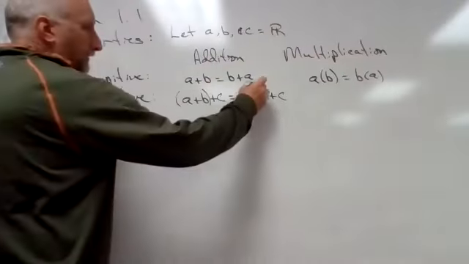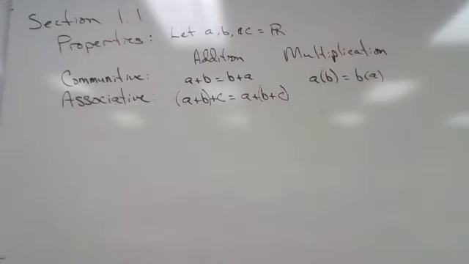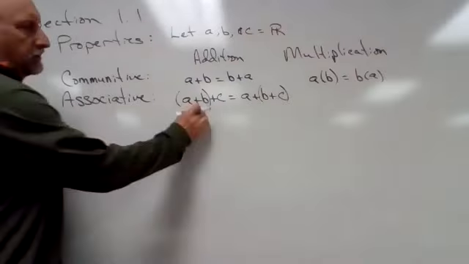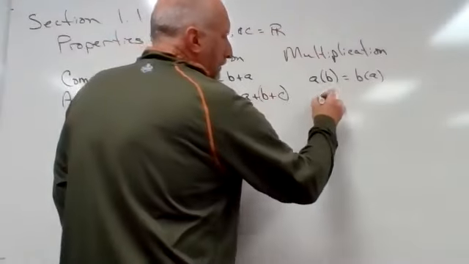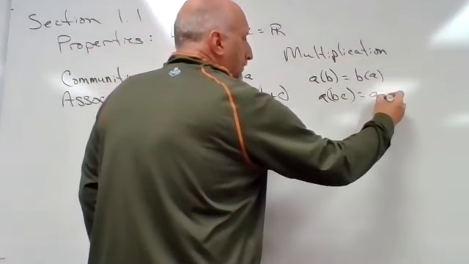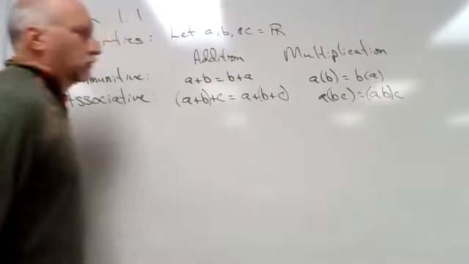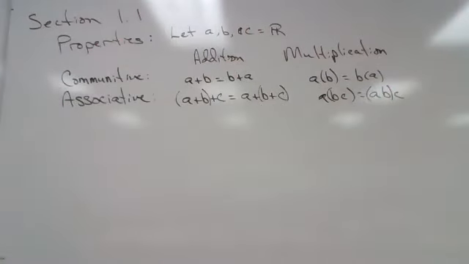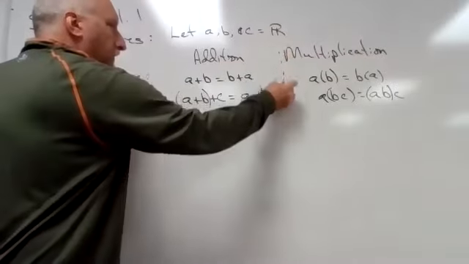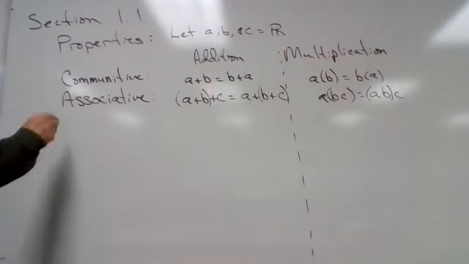Does it matter? Because maybe I want to add the second two together first. Will I get the same answer? The answer is yes. It doesn't matter how you group them together. And of course, with multiplying, it's the same principle. It does not matter what group of numbers you multiply together first. Okay, that's called the associative property. You get the same answer.